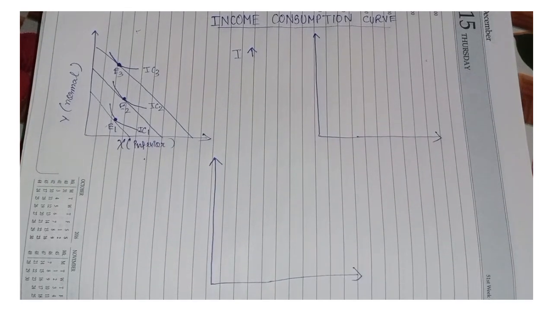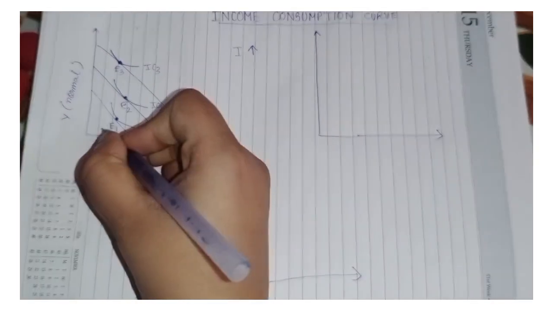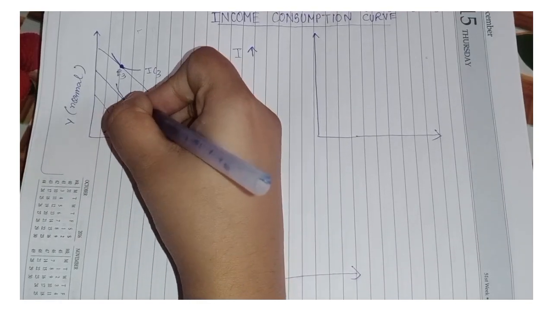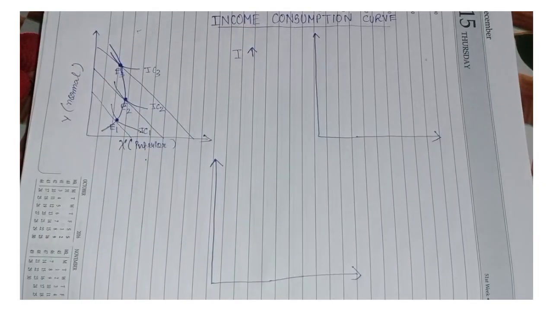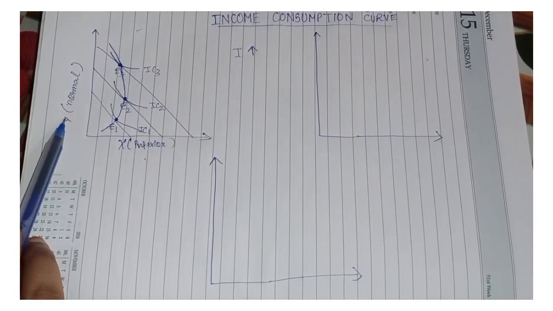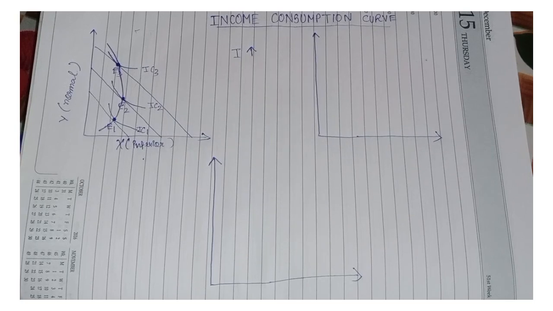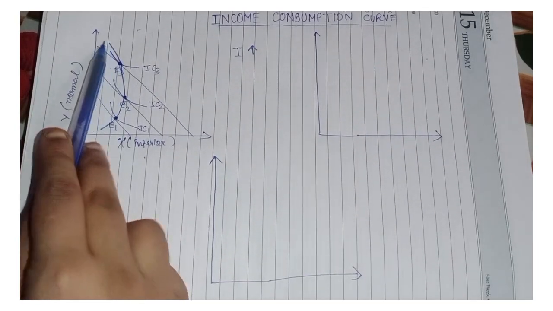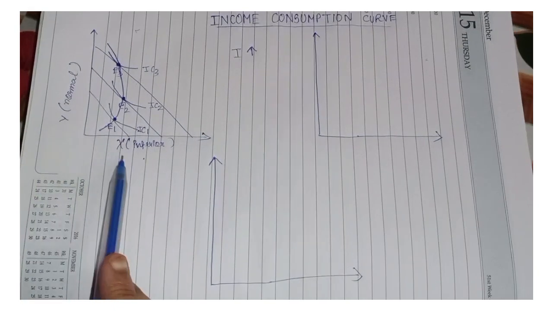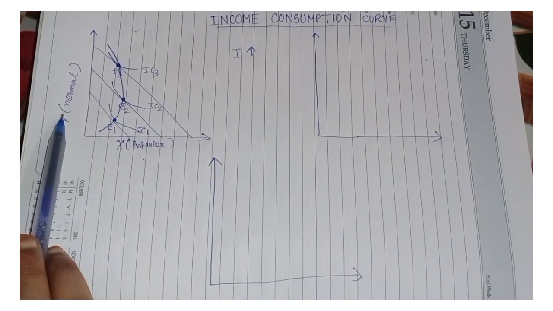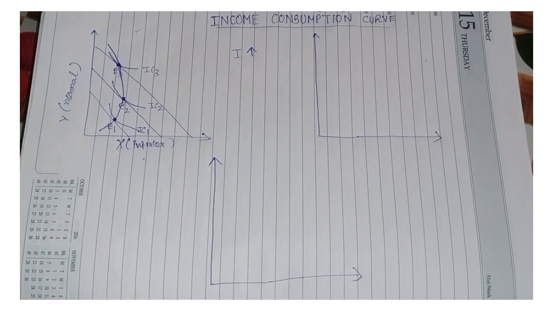Now, if you kindly look at this ICC curve, you will find that the ICC is bending towards the y-axis. See, if we join the equilibrium points, we can see that it is bending towards the y-axis. So this happens when x is inferior and y is normal. What happens? The curve bends towards the y-axis.